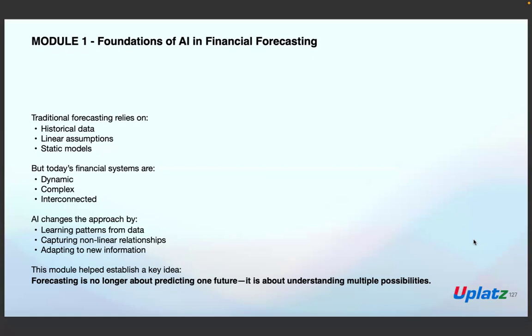AI changes the approach by learning patterns from data, capturing nonlinear relationships, and adapting to new information. This module helped establish a key idea. Forecasting is no longer about predicting one future. It is about understanding multiple possibilities.